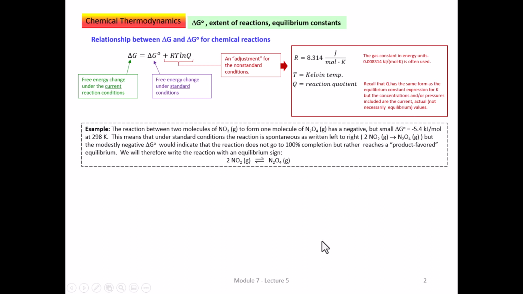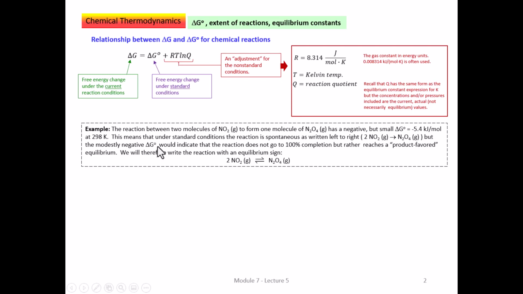Well, let's look at an example. The reaction between two molecules of NO2 to form one molecule of N2O4, the equation's written right here, 2NO2 gas going to N2O4 gas, has a negative but small standard free energy change, minus 5.4 kilojoules per mole.